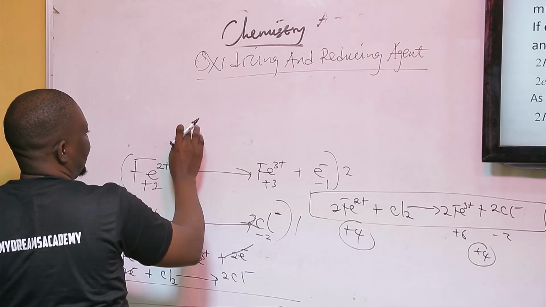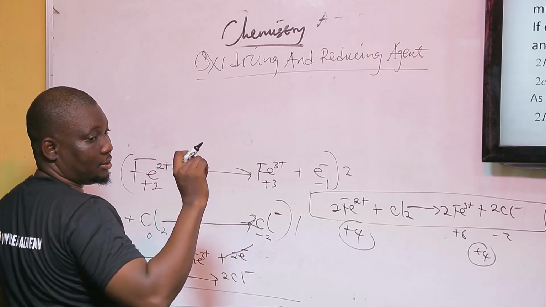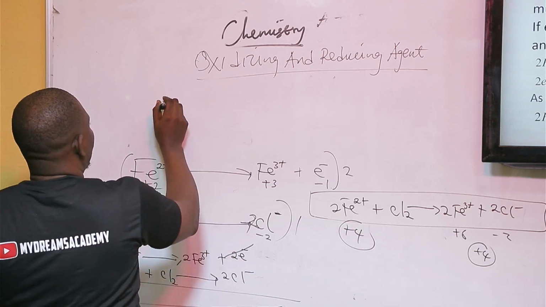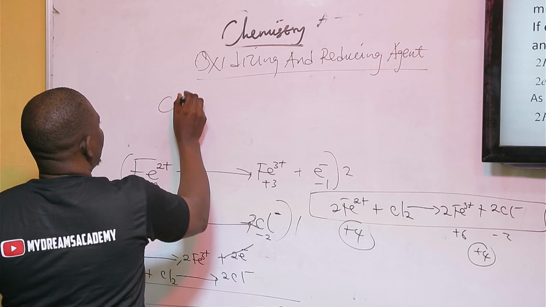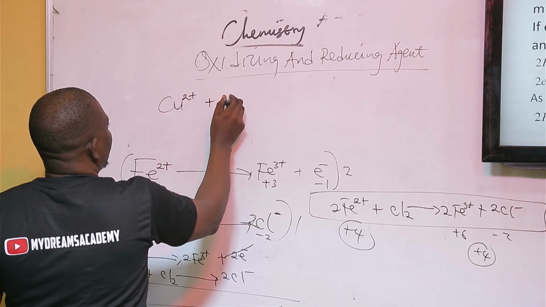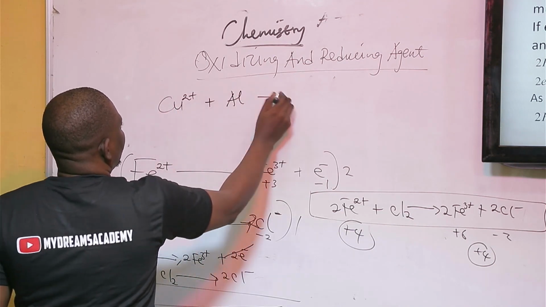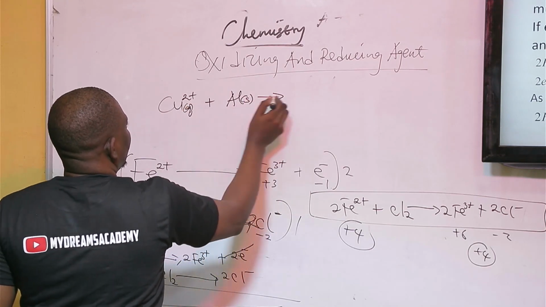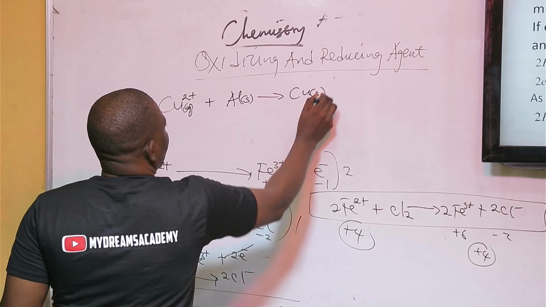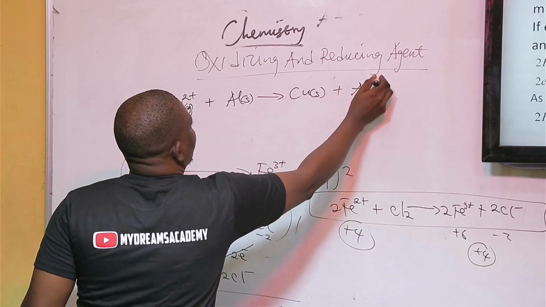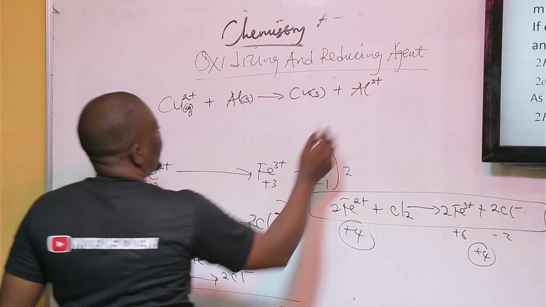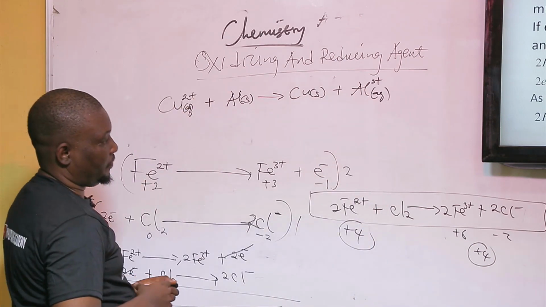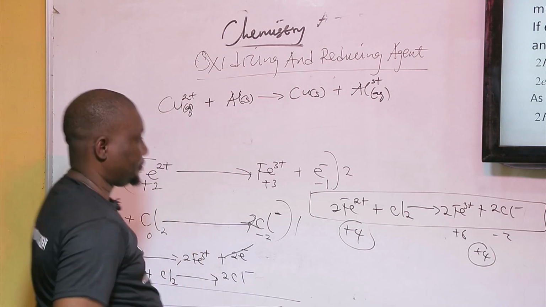Once you balance it, check and try to deduce which one is the oxidizing agent and which one is the reducing agent. Copper 2 plus, aqueous, and aluminium, solid, gives copper solid plus aluminium, aqueous. Let's check if the equation is balanced, and if it's not balanced, try to balance it.